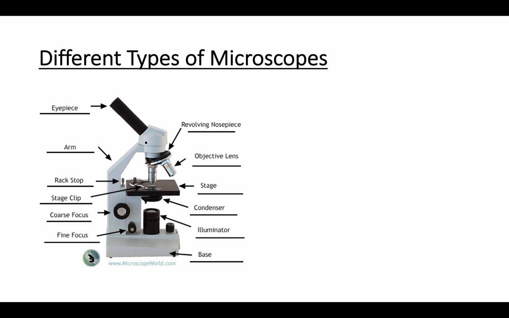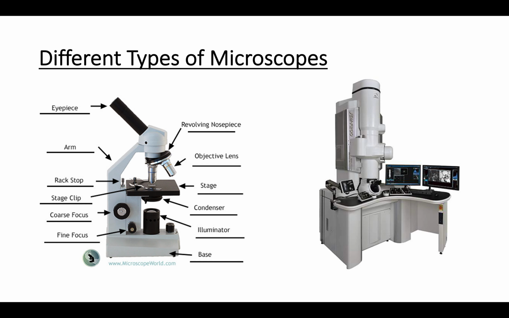Now, in order for the cell to be observed, a microscope needed to be used, and the modern day microscope looks like this, which we will be working with later on. This is a simple compound microscope. And then we have this equipment called the electron microscope, which can really zoom in on whatever it is that you're looking into.